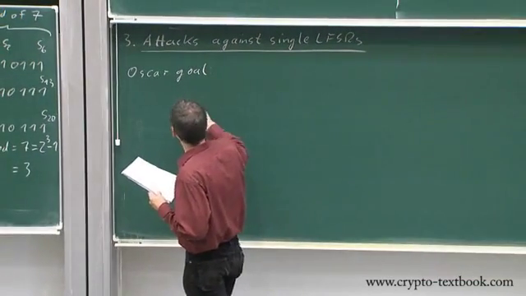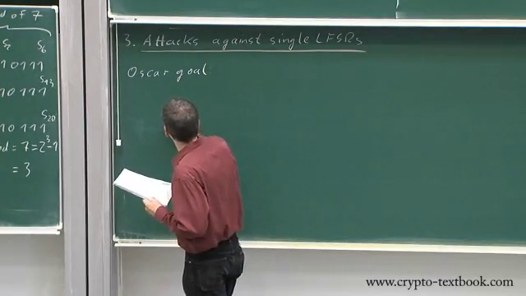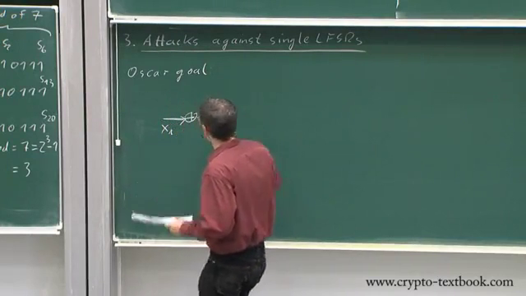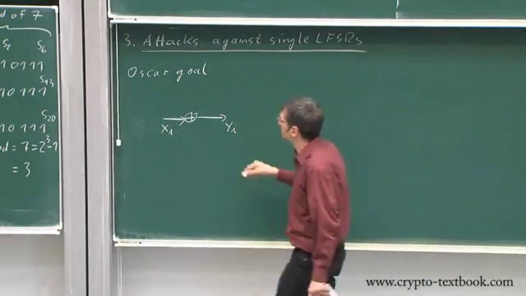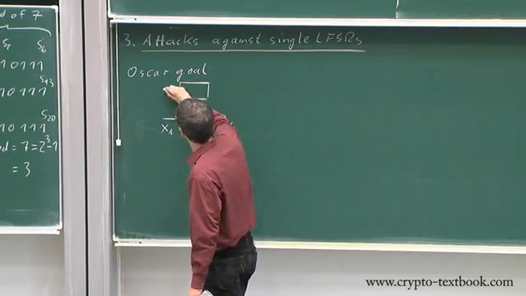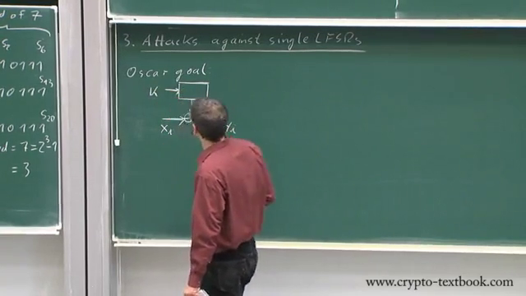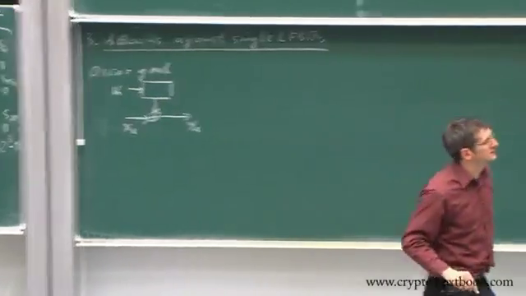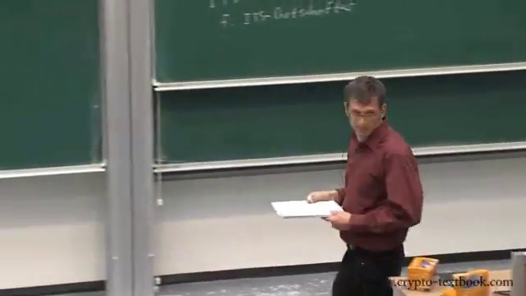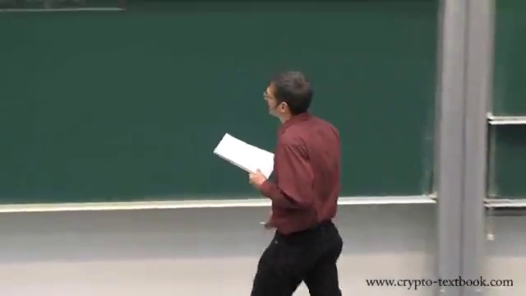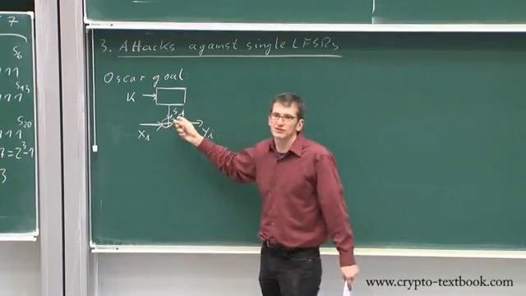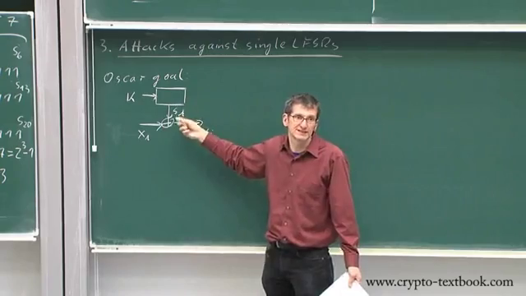Oscar knows we're using a stream cipher. He knows we have this situation here. And what he would like to do is compute all the si here.